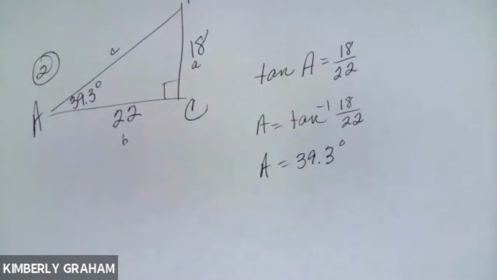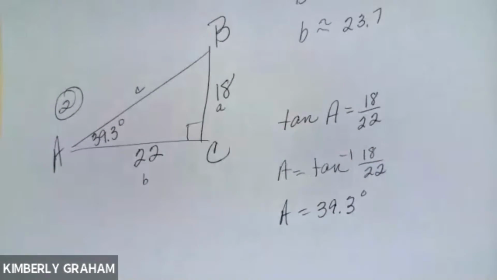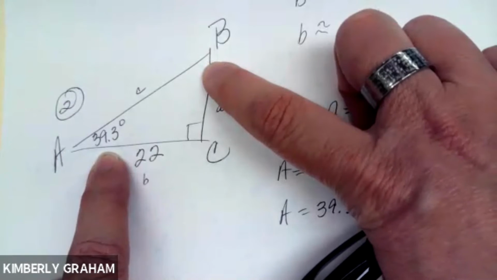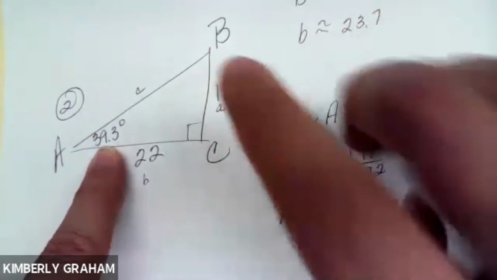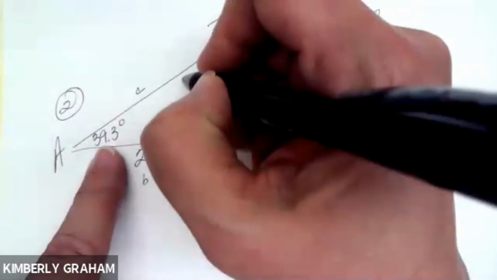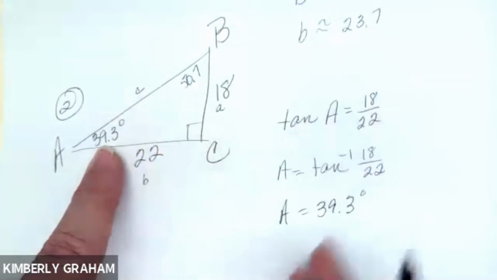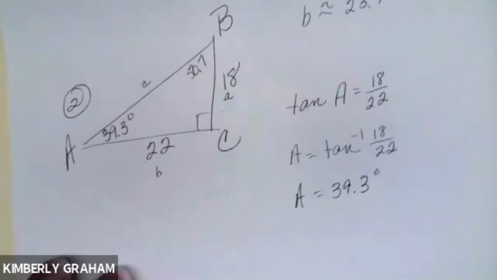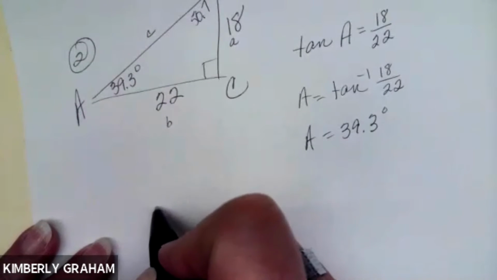So I can use the fact that these two angles are complementary angles to find this one. Just do 90 minus the 39.3, and that will give me 50.7. And then to find C, I can use a trig function, or I can use the Pythagorean theorem. If you use the Pythagorean theorem, a squared plus b squared equals c squared.